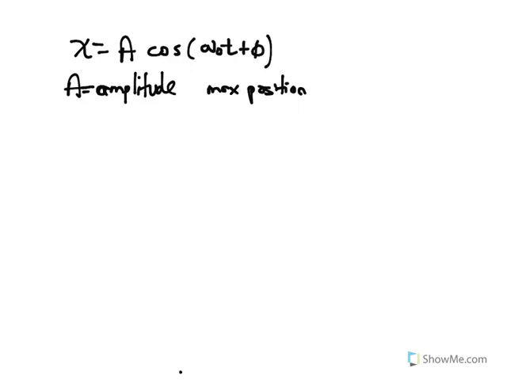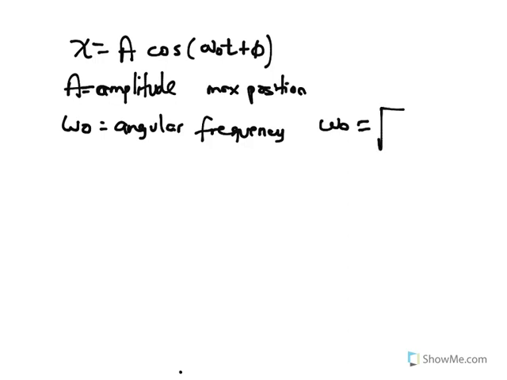Now, omega 0 is the angular frequency, given in the mass spring system as the square root of K over M.